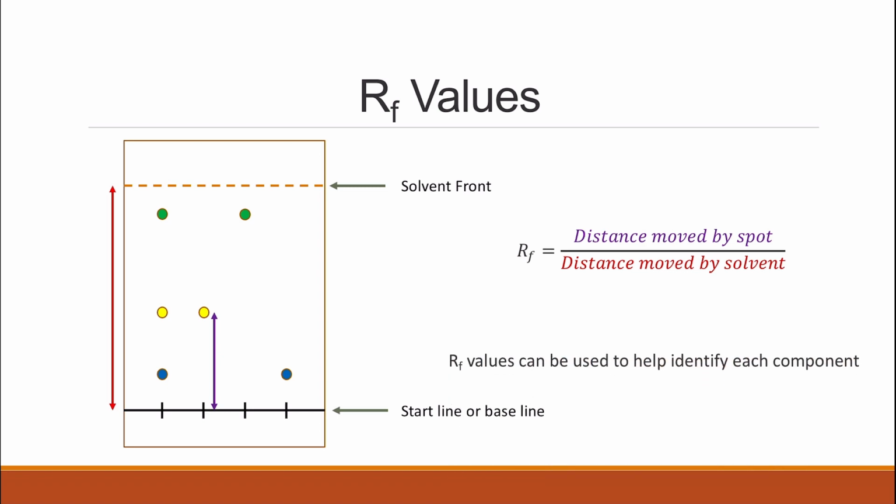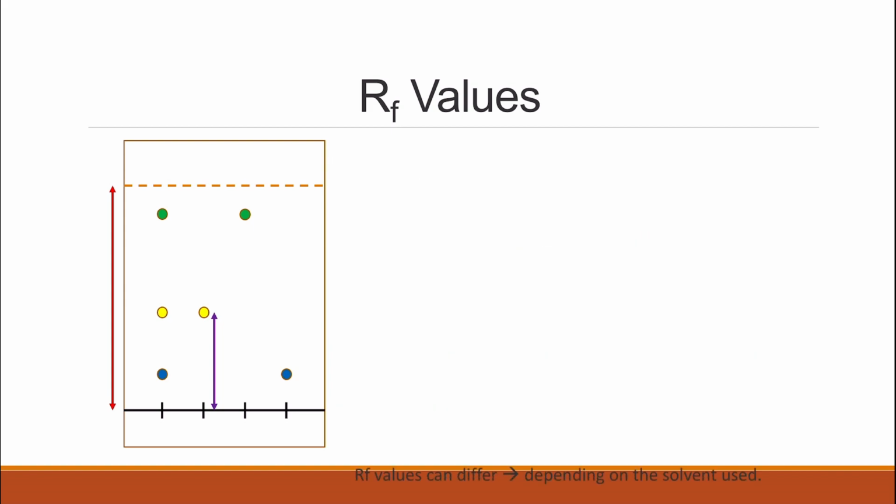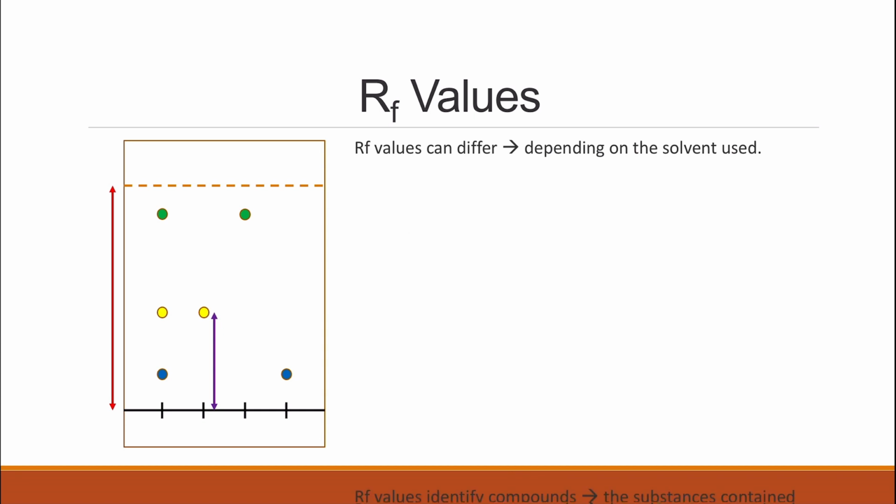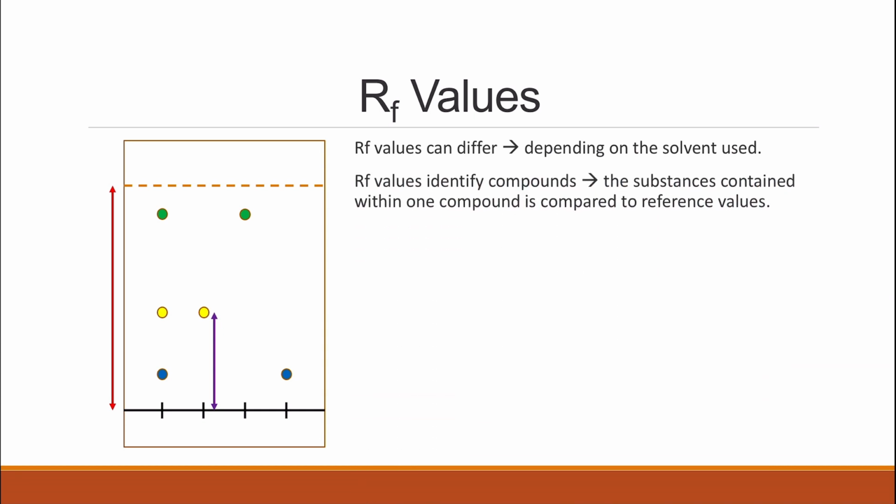The RF value can be used to identify each component of a mixture. First of all, the RF value will differ depending on the solvent and the stationary phase. So even the same component will have different RF values if we use different solvents. However, if we use the exact same filter paper or the exact same stationary phase and the exact same solvent, then we're going to have the same RF value for the same component.